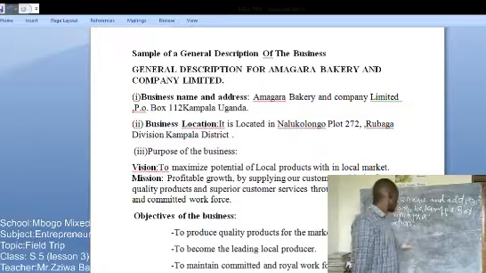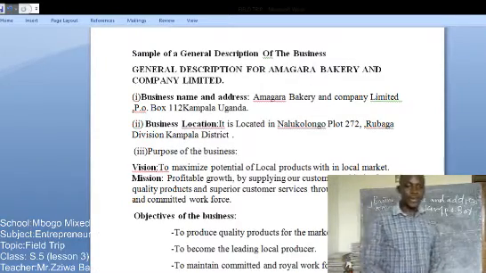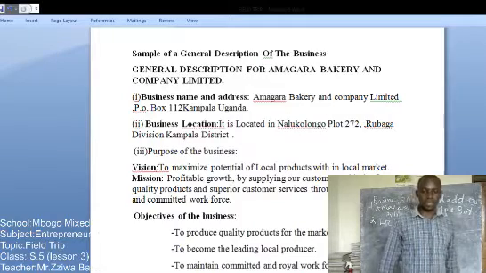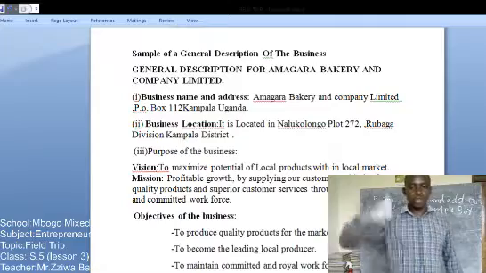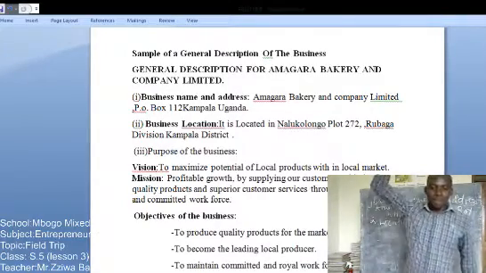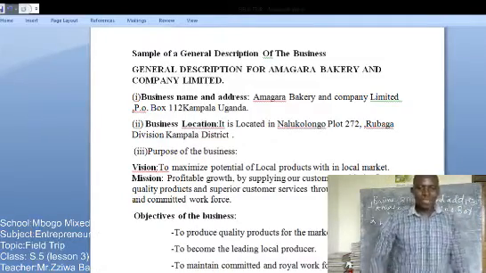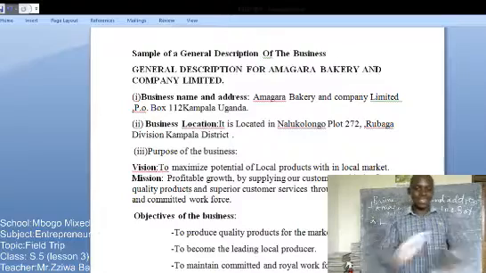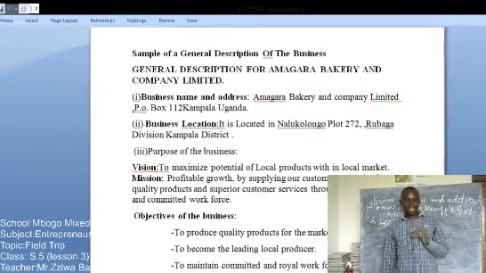The moment you read that location, you can easily reach that business. The moment you visit Kampala, look for Rubaga Division, go to Nalukolongo in Kampala district. There, the location of the business will always be clear.